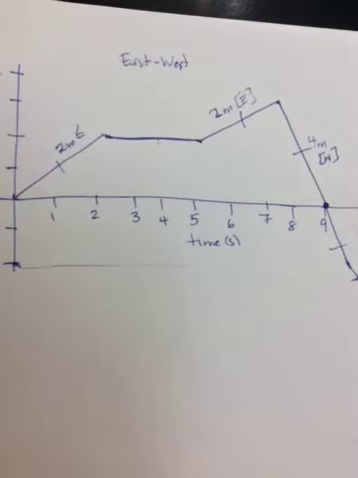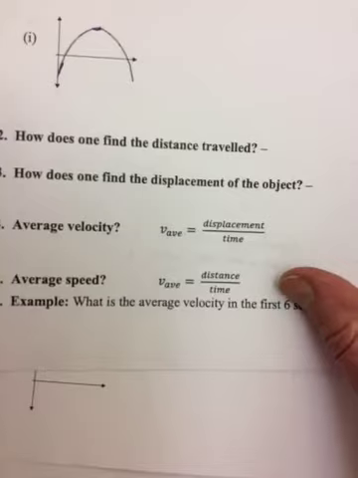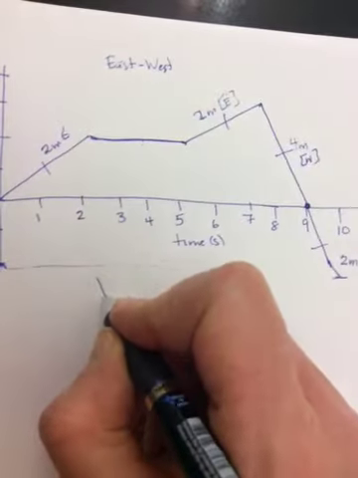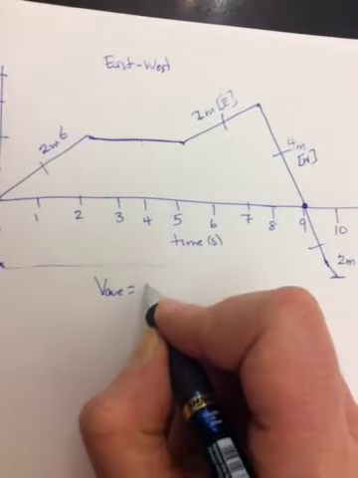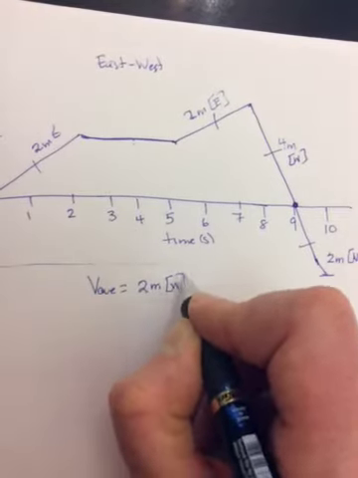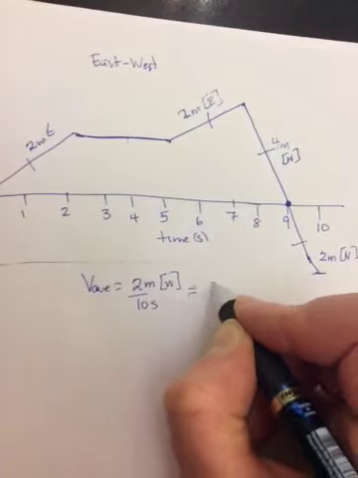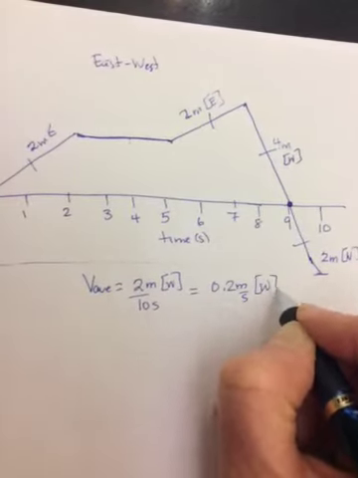Now that becomes important when you come to a question that asks you to find the average velocity or the average speed. So if we wanted to find the average velocity here, it'll be displacement over time, and my displacement was 2 meters west, and my time was 10 seconds. So my average velocity is 0.2 meters per second west.